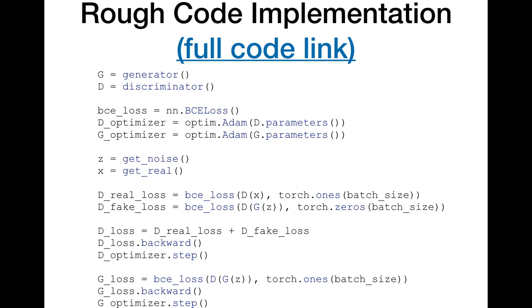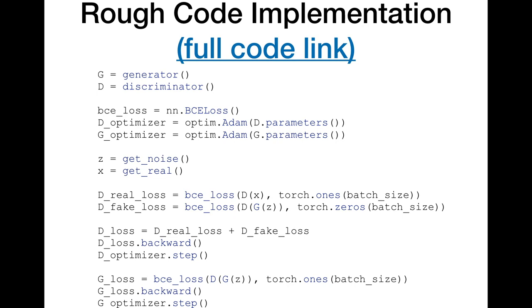Remember that in our modified generator loss, what we were trying to do was make the discriminator think that the fake images are real. This in turn was just the binary cross entropy loss between the predicted labels for the fake images and the real labels. And then we essentially just optimize over the parameters for the generator.